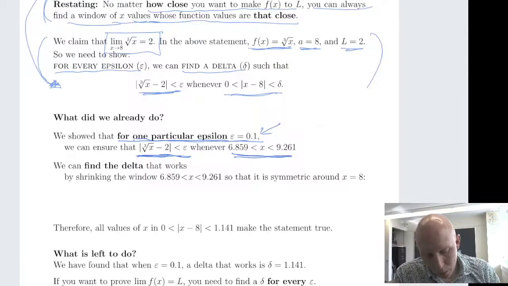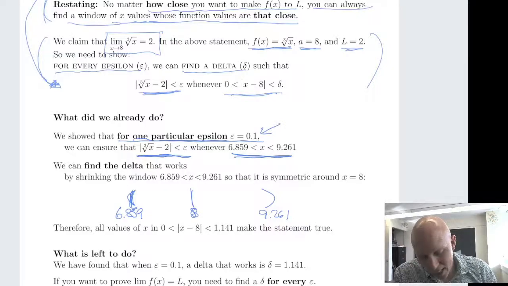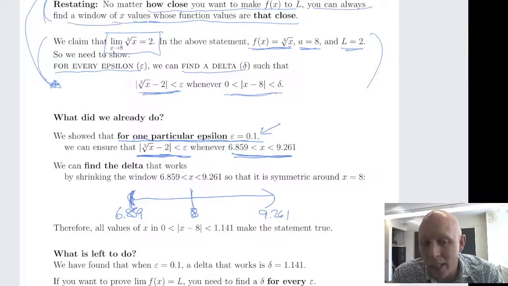So we know that whenever we're in this range, 6.859 to 9.261, and that's around 8, the function value is between 1.9 and 2.1.